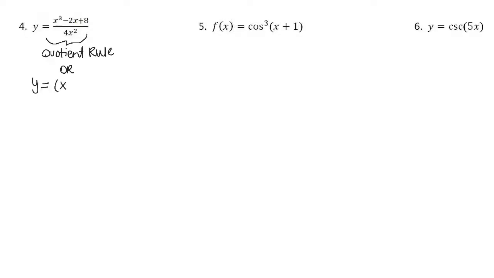So if you flip it over, let me rewrite it. You've got x cubed minus 2x plus 8. And if you're going to flip all that over and use the product rule and chain rule, all of that's going to have to be raised to the -1 because all of it has to flip over. Either way you want to do it is up to you.